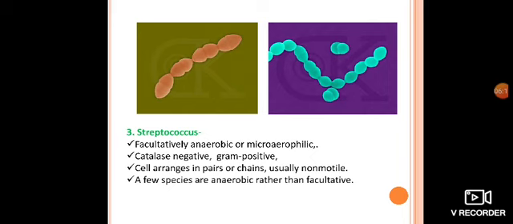But non-motility is a similar point between those two. A few species are aerobic rather than facultative; this is not a differentiating point between streptococci and staphylococcus. So these are three different points observed in gram positive bacteria: first micrococcus, second staphylococcus, and third streptococcus.